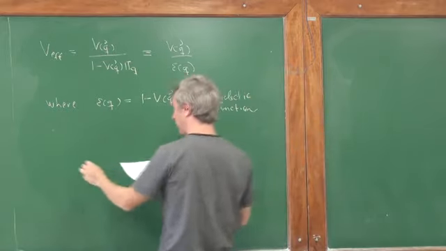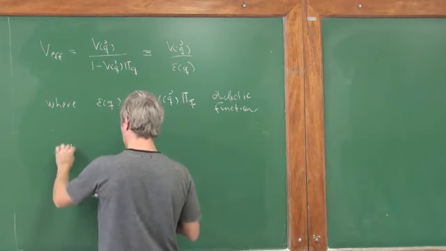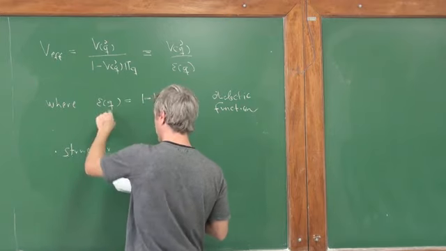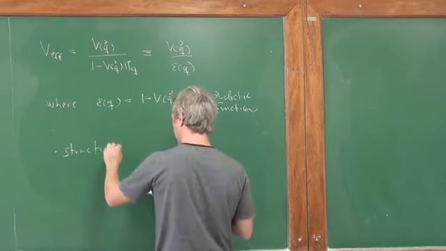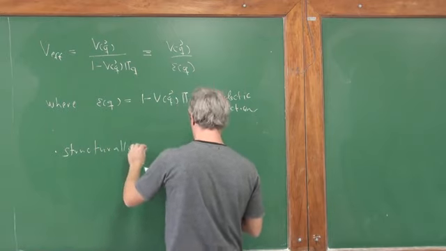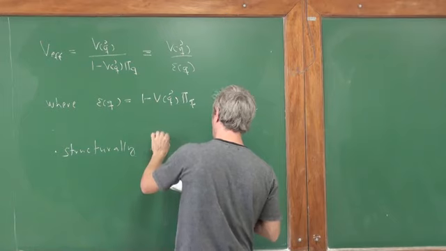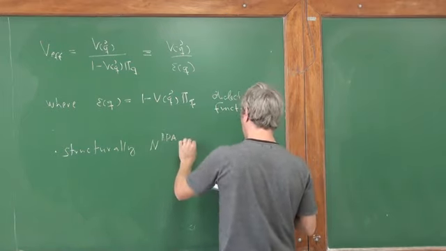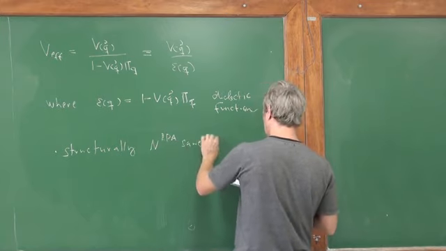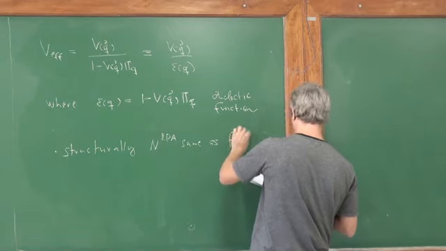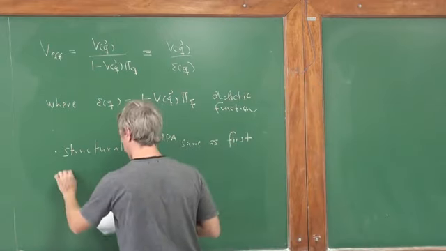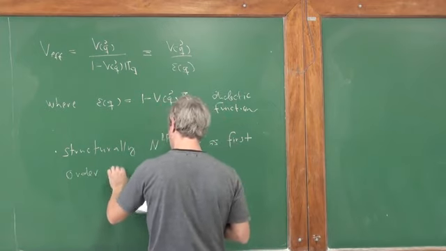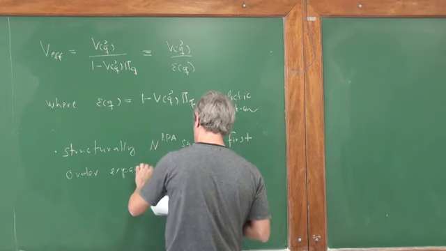Okay. So structurally, first make a few observations, and then recall some things about the dielectric function. The particle number in the RPA approximation is the same as what you get from the first order expansion in the interaction.